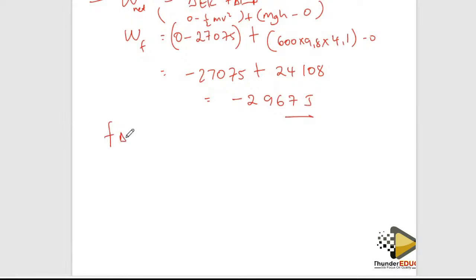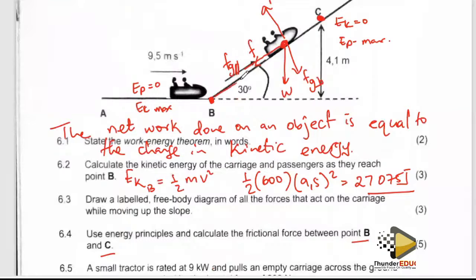We know that work done is force times delta X and the cos of theta. So WF, then I'll have my F times my delta X, the distance here.